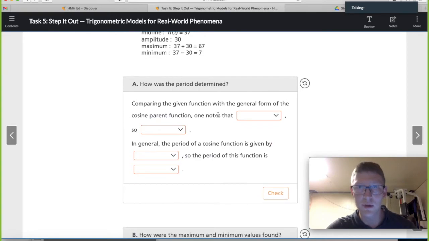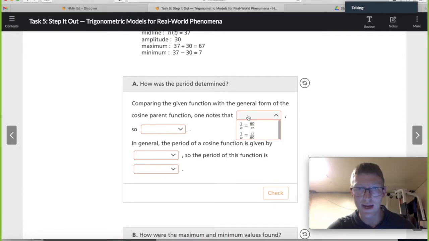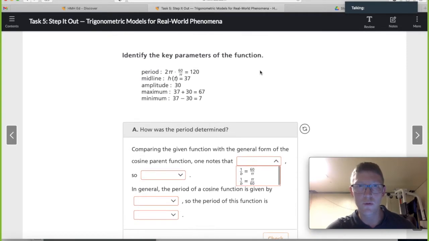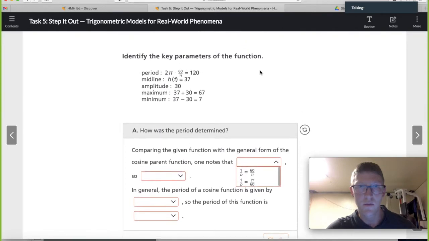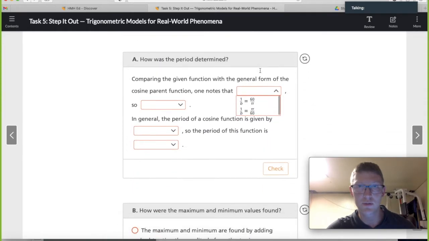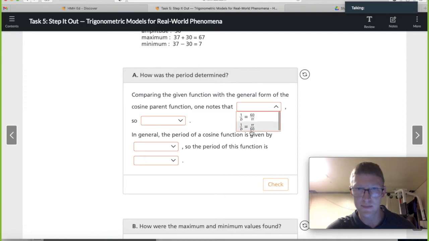So comparing the given function to the general form of the cosine parent function, one notes that 1 over b is equal to pi over 60.